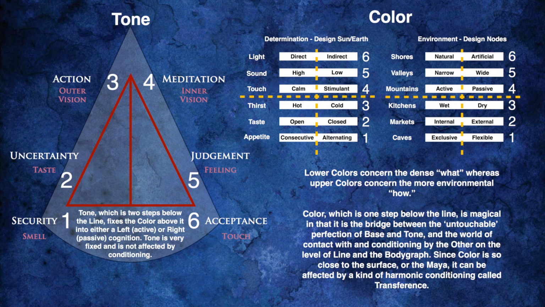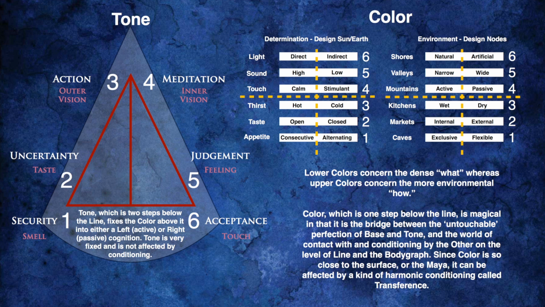It's not all the way within the world of conditioning, and it's not all the way within the untouchable aspect of tone. It's kind of like a balance between them. And the key word for color, I found, is appreciation. And appreciation is going to be the main tool for getting out of transference if you are in it.